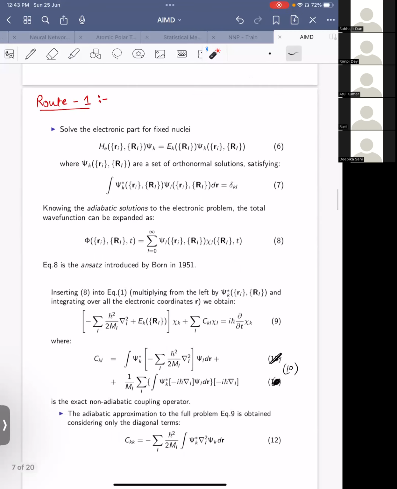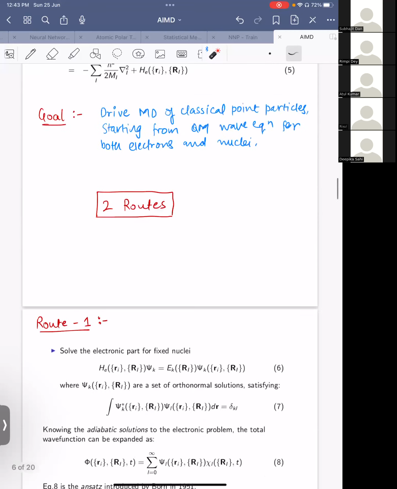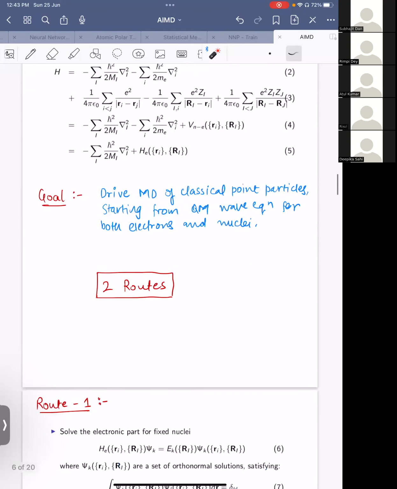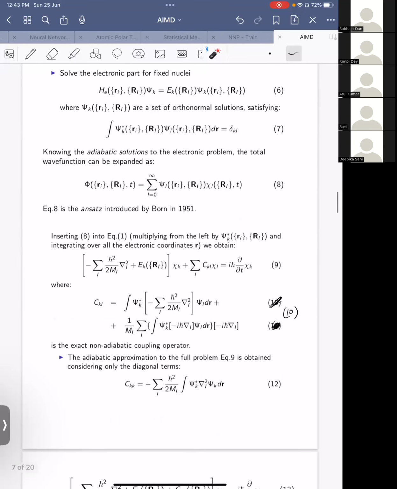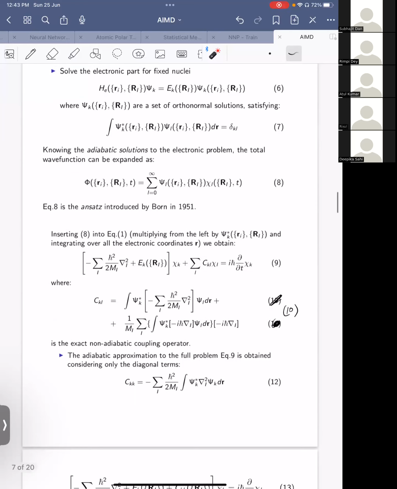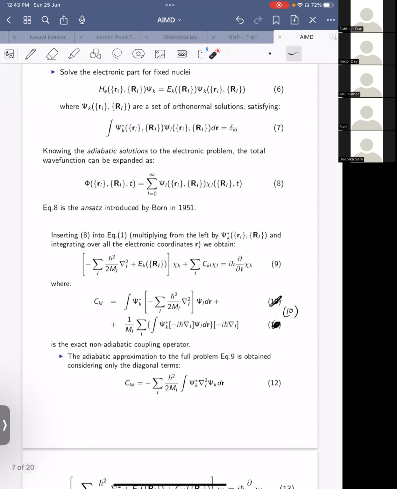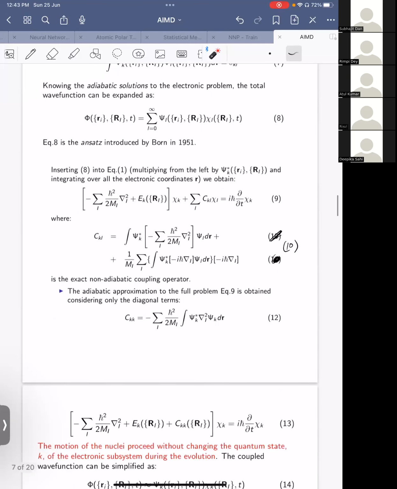Now, if we put equation 8 into the time-dependent Schrodinger equation, multiply from the left by psi k star and integrate over all the electronic coordinates, we will get an equation like this. This C_kl is known as the adiabatic coupling operator, which looks like this. First we will use the adiabatic approximation.